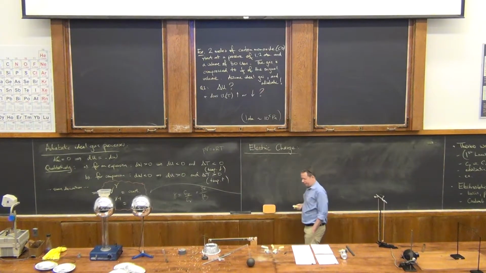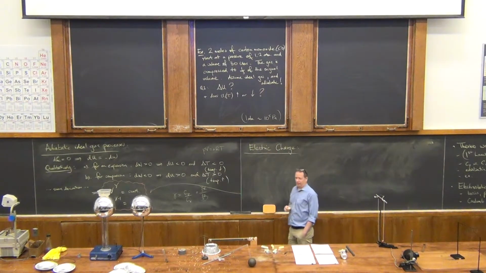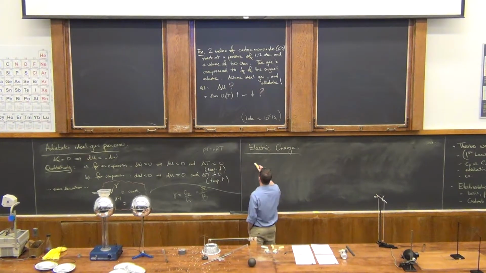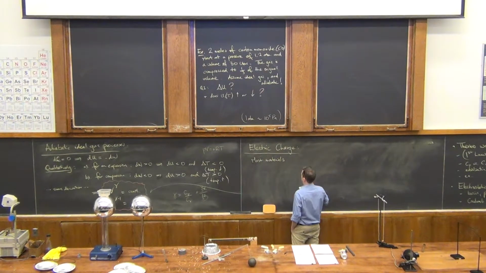So I'm going to ramble for 5 minutes, even more than usual, and then we'll see where this takes us. So, most materials, unless we do something to them, don't have any charge asymmetry, are what we call electrically neutral.